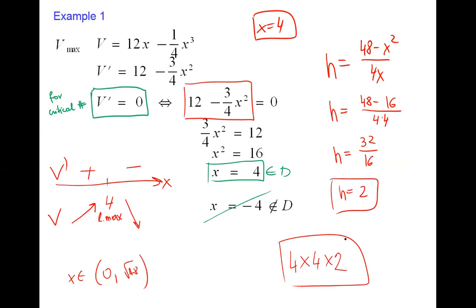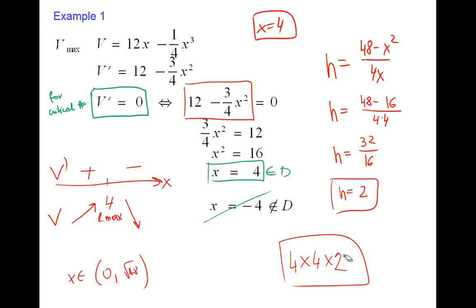We can see it's not really a tall box, because 2 is the height. That indicates that if the box is lower, the volume is bigger, and that's the lowest height that we can get.